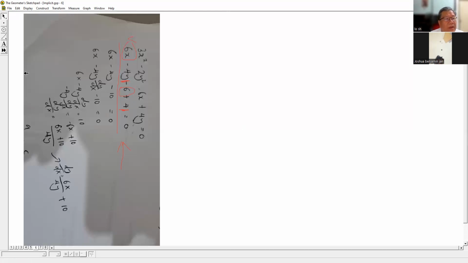Okay, I write in pencil. What you have here is 6x minus 4y dy over dx, then minus 6 plus 4 dy over dx equals to 0.